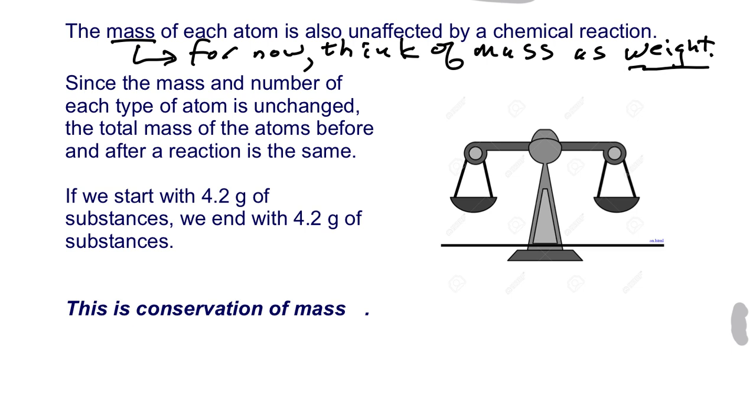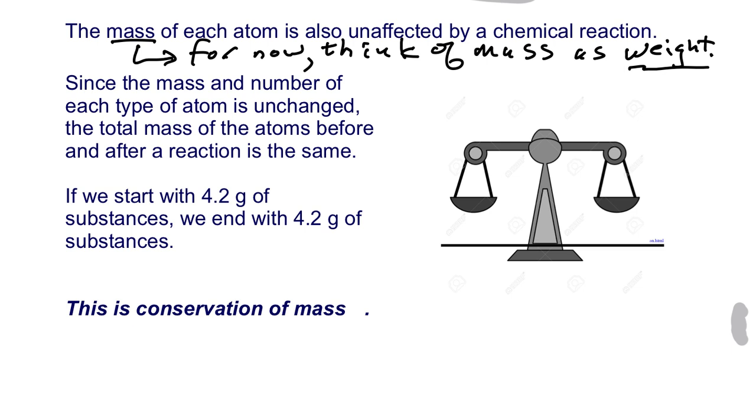Conservation of mass is basically the same thing as the conservation of matter, because we have the same number of each type of atom before the reaction as we do at the end of the reaction. There's no change in the mass of the products after the reaction compared to the mass of the reactants before a reaction.